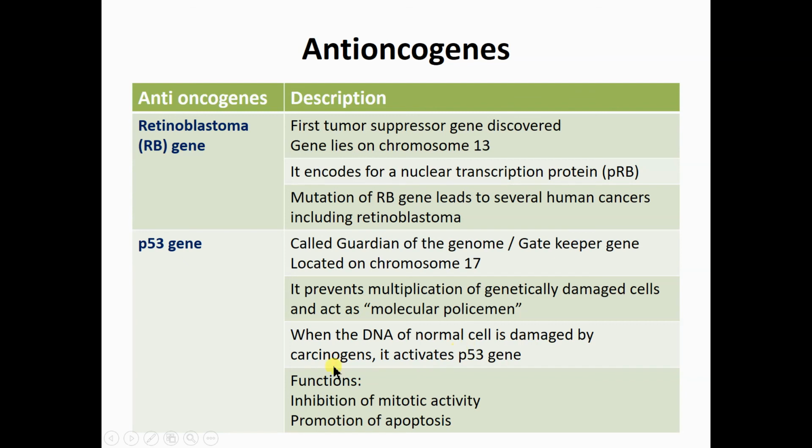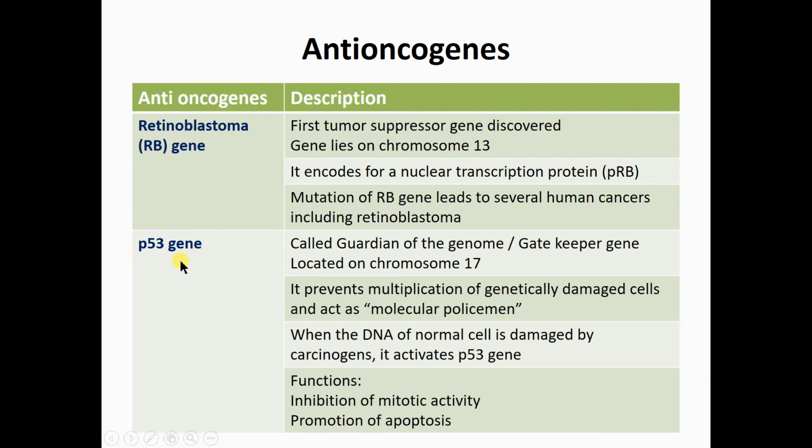So if p53 finds that the DNA of the normal cell is damaged due to certain carcinogens, it is not wise to let that cell containing abnormal genetic material divide, because it may lead to two progeny containing abnormal DNA. Then an abnormal protein is synthesized, which may lead to cancer.